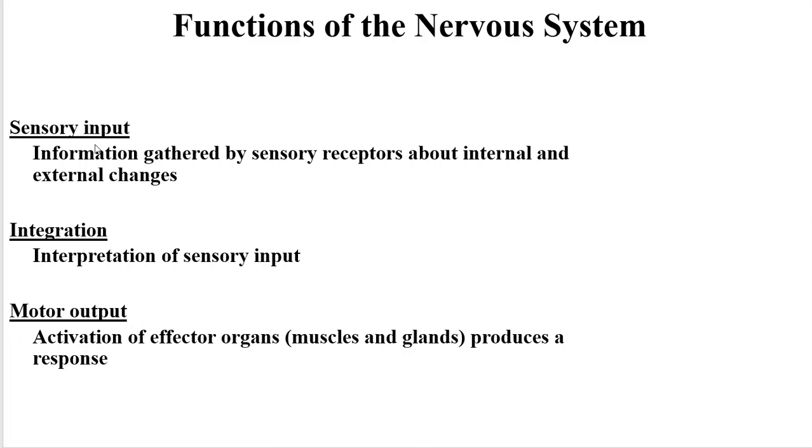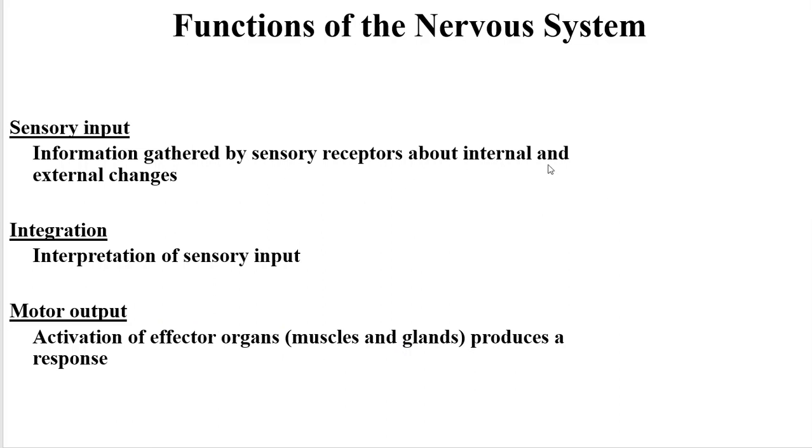So, for example, if I'm sitting down and it gets uncomfortably hot, the sensors are going to send that information to the brain. It's going to interpret it and then make a decision for me to stand up. And the motor output goes to the skeletal muscles.